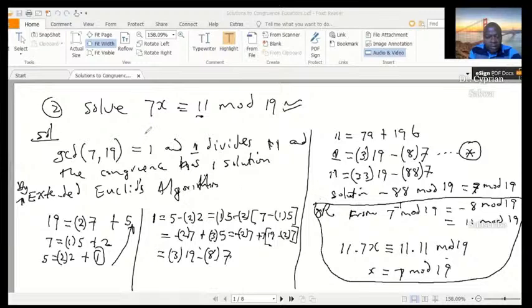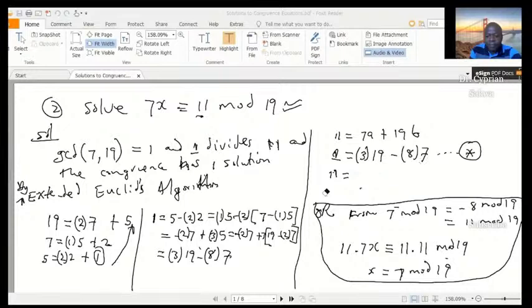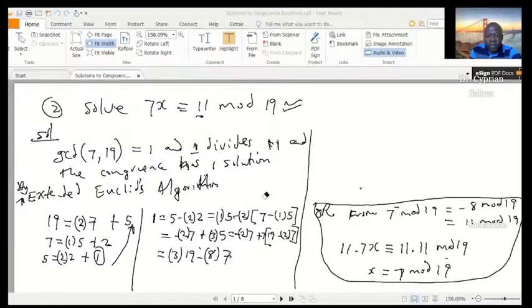Or use the Euler theorem to find the inverse of 7 and proceed as I've done here. So let's just do one, because you already know how to find those inverses using either Fermat's little theorem or the Euler theorem. After finding the inverse, you just proceed as I've shown you here.